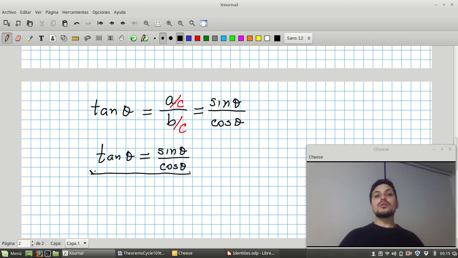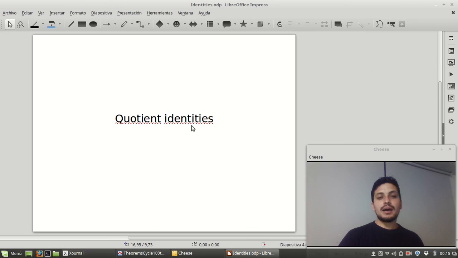And the other quotient identity, you can find it by using cotangent and applying the same method we did here, dividing by the hypotenuse. So my hint for you is that you pause the video and now find the other identity using cotangent. And these are the fundamental identities. We have fundamental identities related with quotient, reciprocal, and Pythagorean theorem.